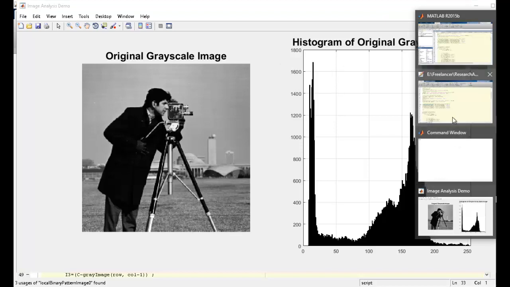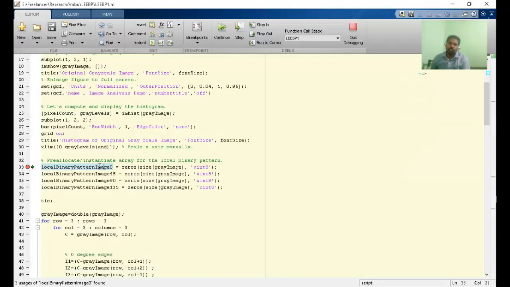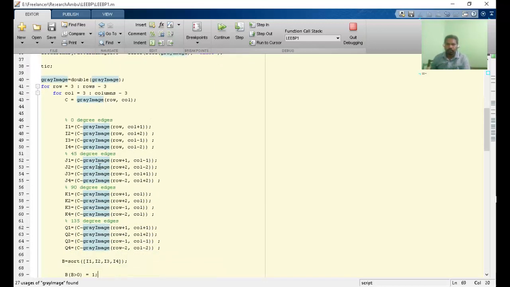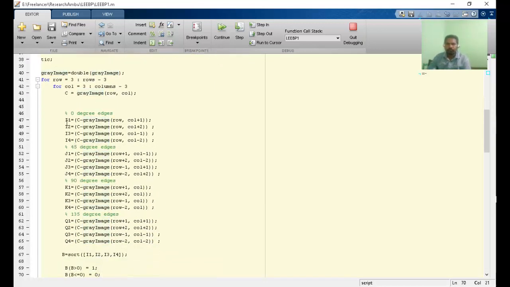Then we move on to the binary pattern for 0 degree, 45 degree, 90 degree and 135 degree. First of all, for the zero degree edges, we compute on the gray image with row comma column.